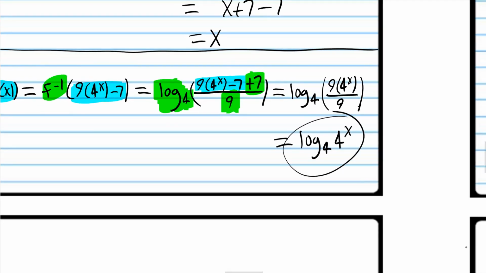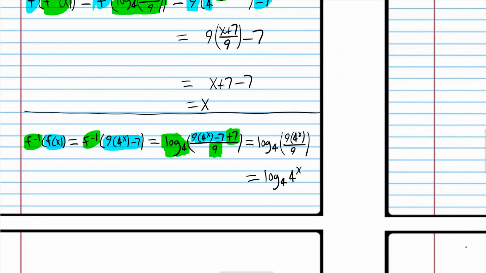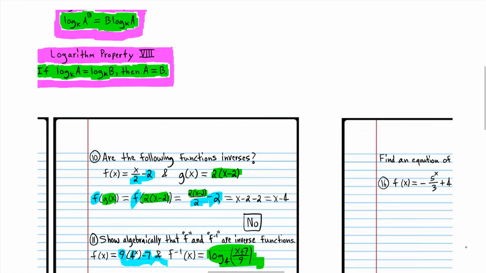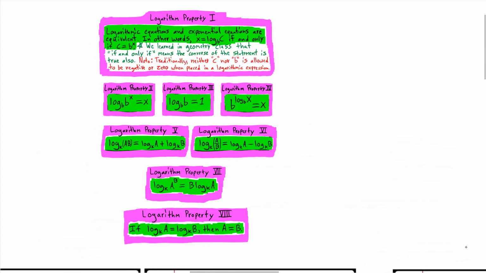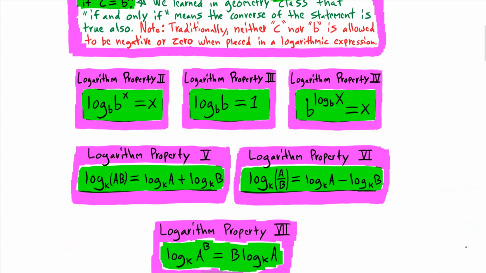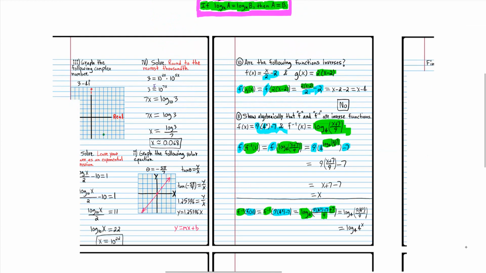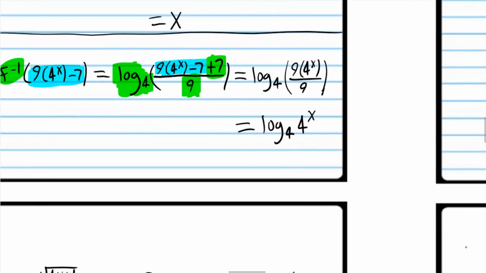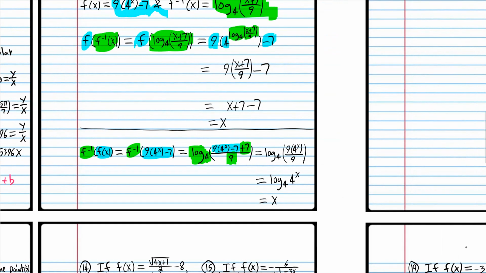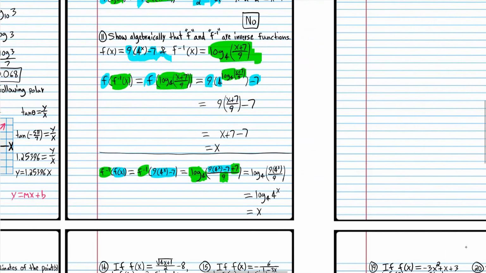And remember, we talked about this principle. If these bases are the same, then the expression is just equal to whatever the exponent is equal to. So we're left with x. So again, that proves that the functions are inverses. We're now even more sure than we were before that the functions are inverses.